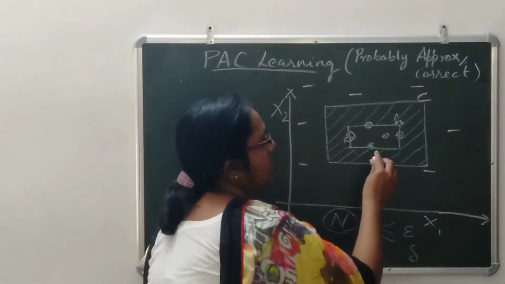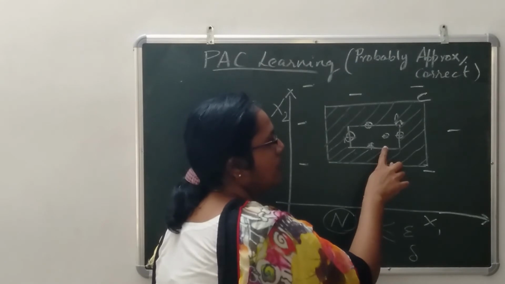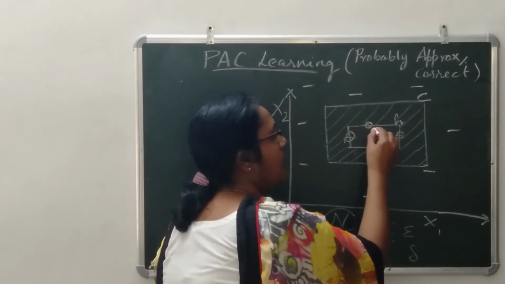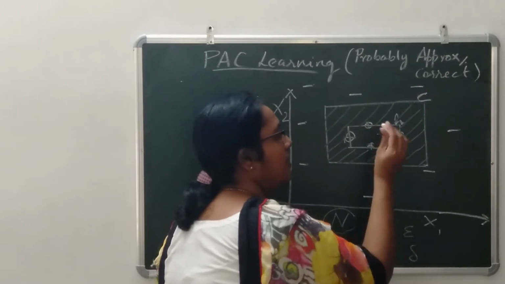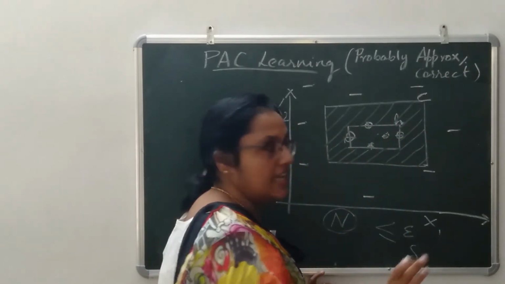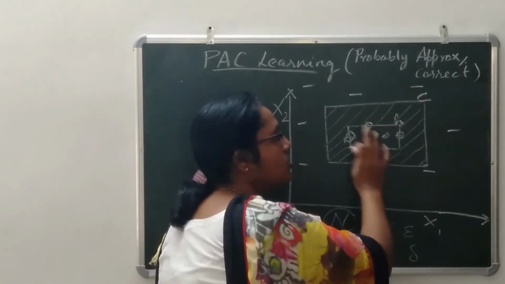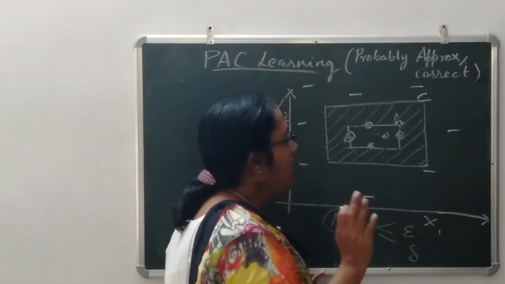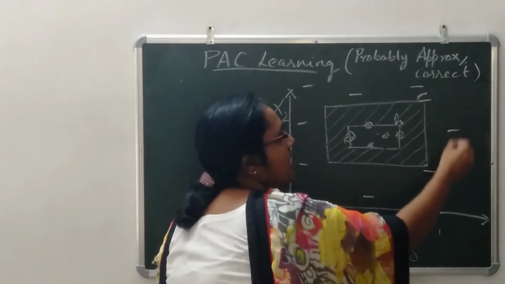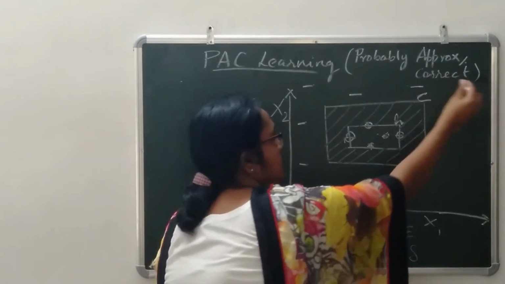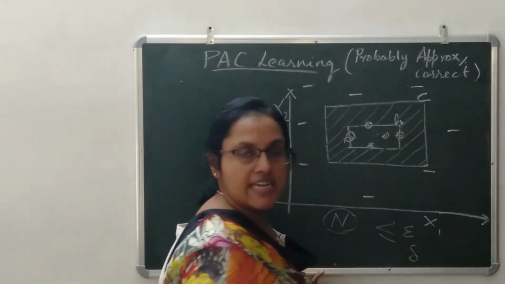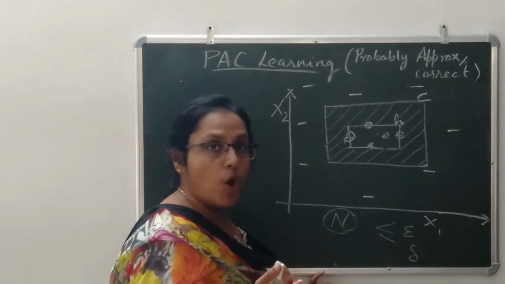Any example which comes within this particular area, H will classify correctly as positive and C will also classify it correctly as positive. If I have negative examples outside over here, both H and C will correctly classify it as negative. But when will the problem happen?